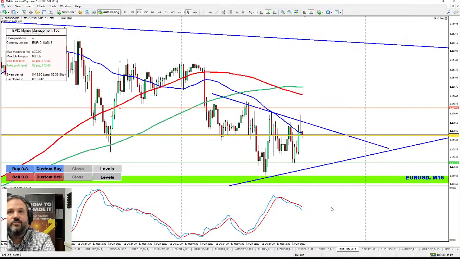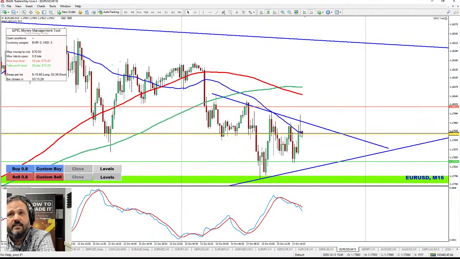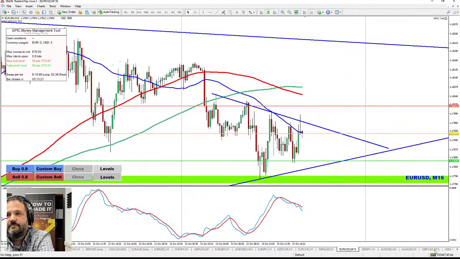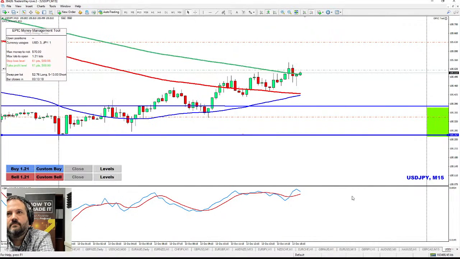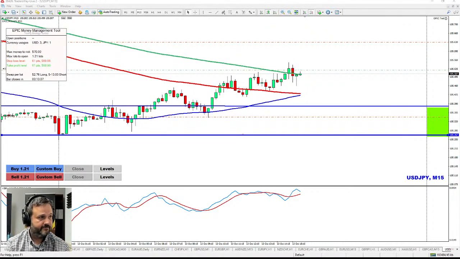But it looks good. And it's also bouncing right on top of that 50, so it kind of needs to break that before you get in.